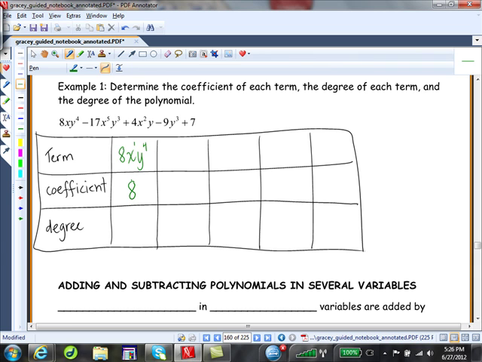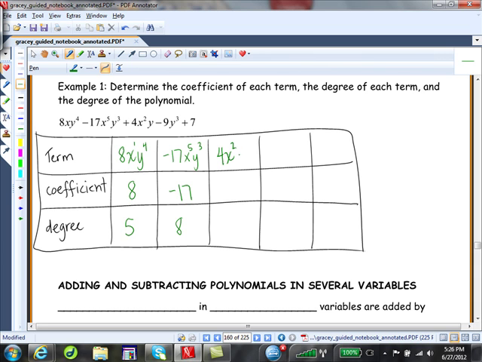Good, the coefficient is 8, and the degree is 1 plus 4, which is 5. There are 5 variable factors. Next up, negative 17 x to the 5th, y cubed. Coefficient is negative 17. Degree, good, there's 8 variable factors.